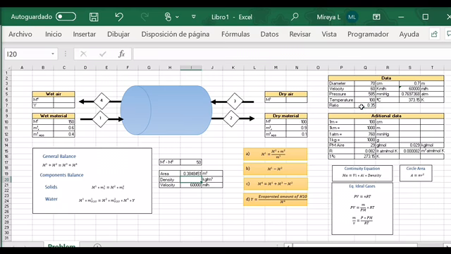And now we will calculate the density with the equation of ideal gases. Now that we have all the information, we will calculate the dry air current using the continuity equation.